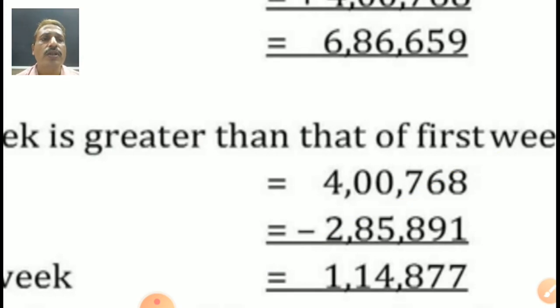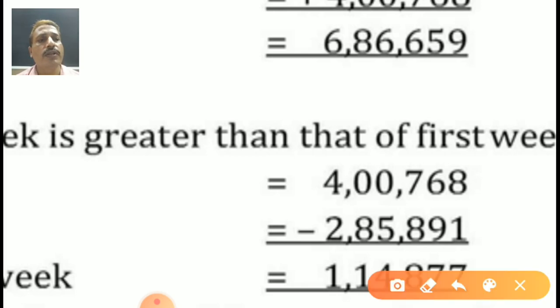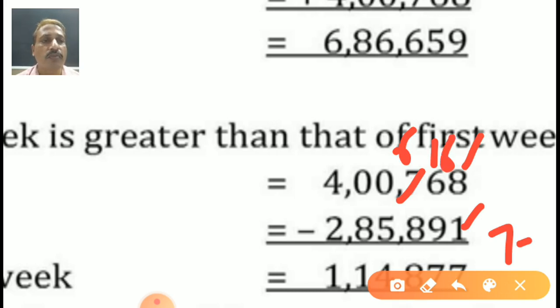4,768 minus 2,85,891. Very simple. Once again, I show you how to do this one. 8 minus 1, that's 7. 6 minus 9, not possible. Cut it. Here is the 6, here is the 16. 16 minus 9, it's 7. 6 minus 8 is not possible.